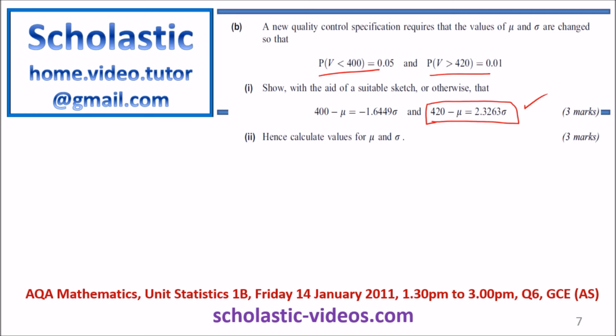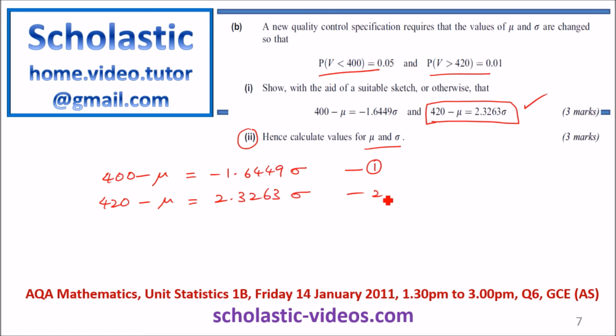Now our task is very simple. It is two simultaneous equations. You need to solve them and find mu and sigma. So our first simultaneous equation is 400 minus mu is equal to minus 1.6449 sigma, equation 1. 420 minus mu is equal to 2.3263 sigma, equation 2.